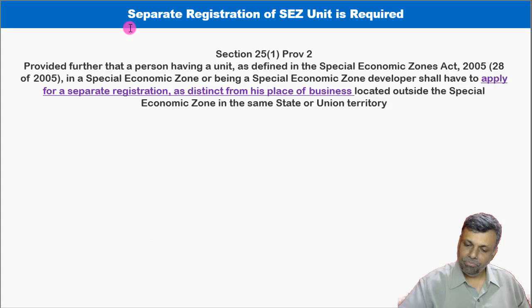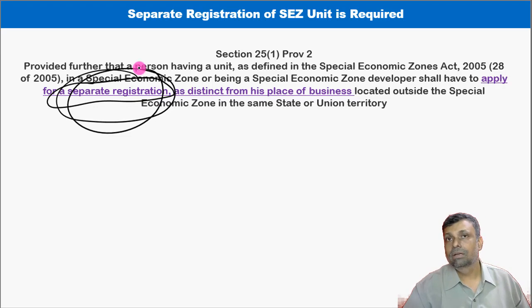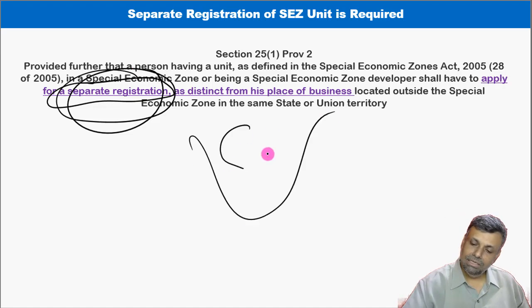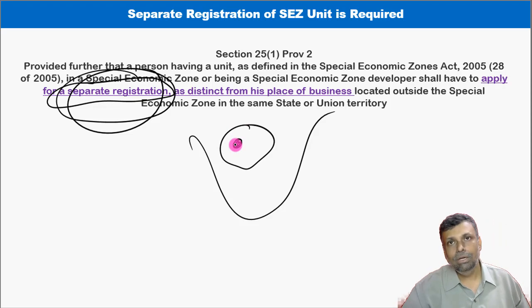Further, friends, there is one registration clarification with respect to the special economic zone: a unit in a special economic zone will require a separate registration altogether, within that particular state also. Say for example India, this is one of the states, and inside a state you have a SEZ. So one unit is inside the SEZ and another unit is outside the SEZ.